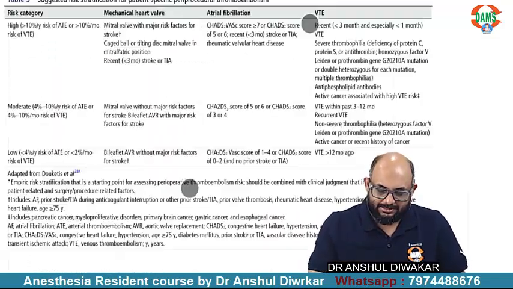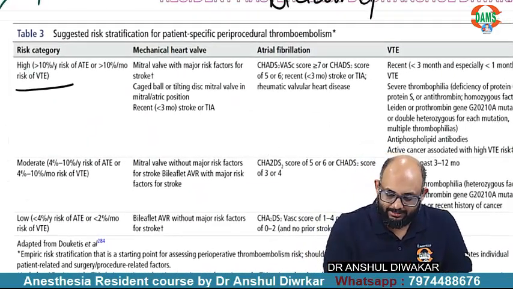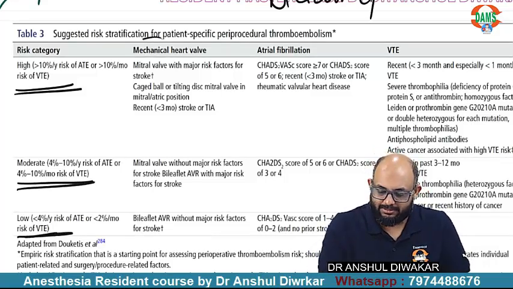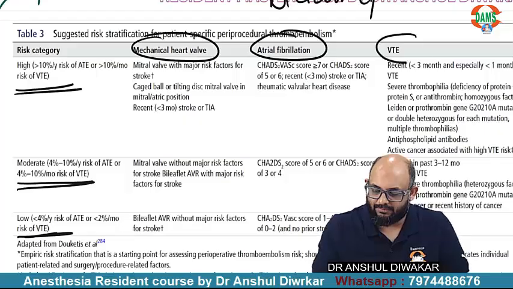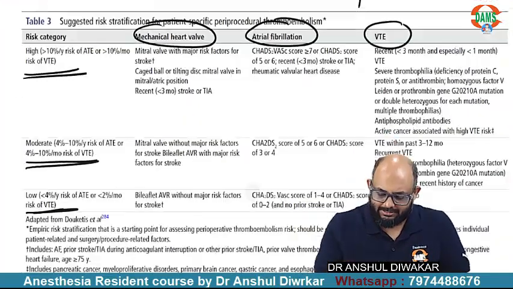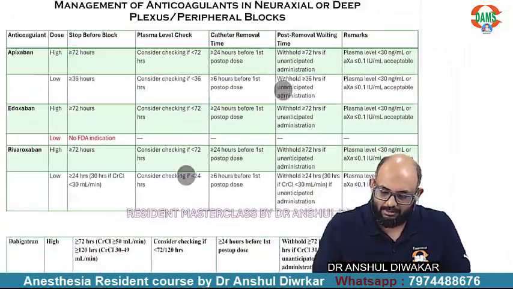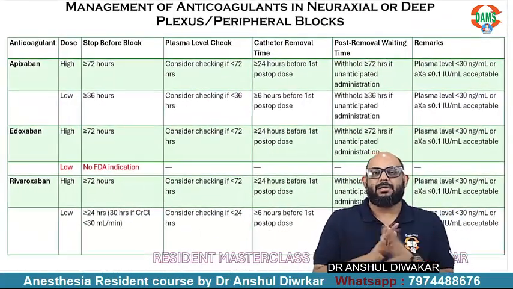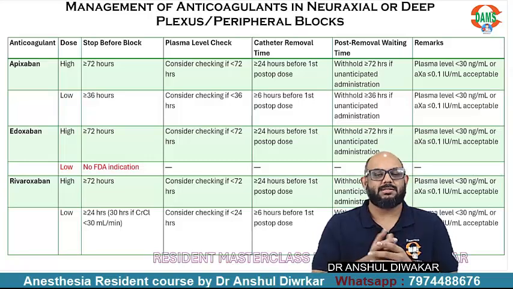Now again, the same thing that I told you: high risk category, moderate risk category, low risk category for VTE. 3 things: mechanical heart valve, atrial fibrillation, VTE, all the things that we discussed in the last session. Okay. Now comes the main part. Now this main part is what scares us the most.